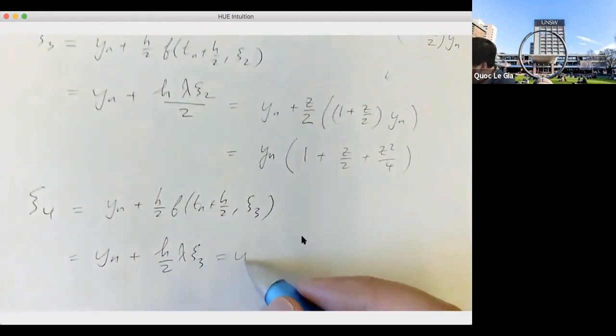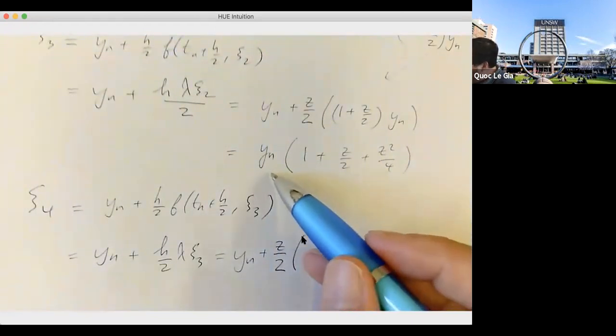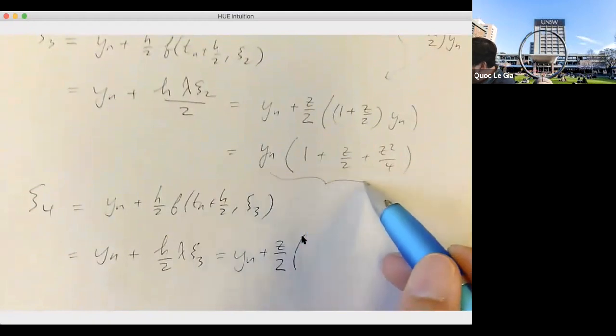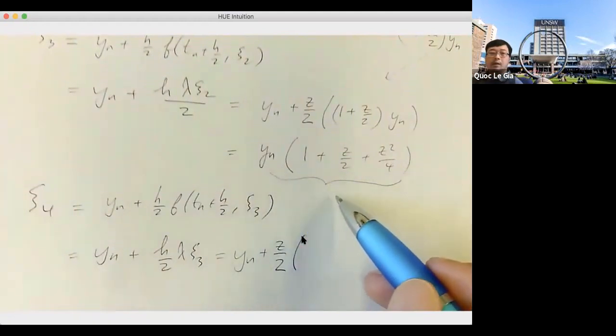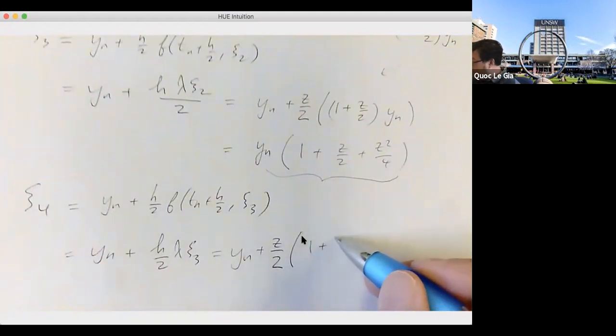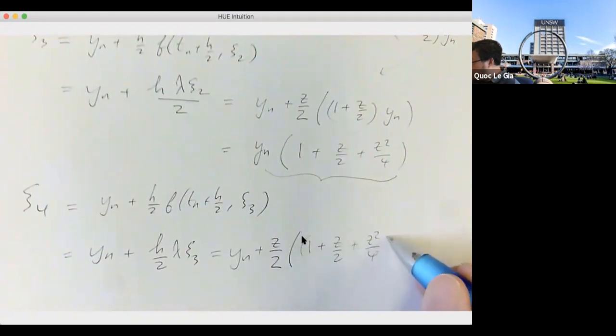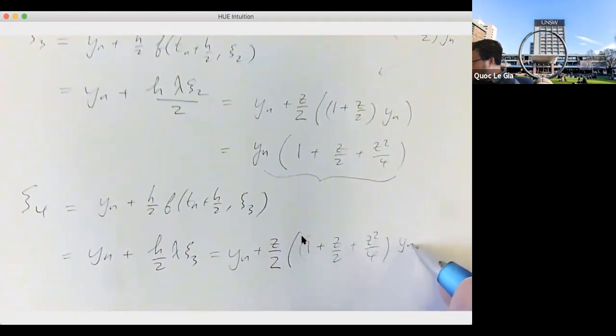So you got yn plus z over 2, and now you just print out xi3 here. So you got 1 plus z over 2 plus z square over 4, yn.